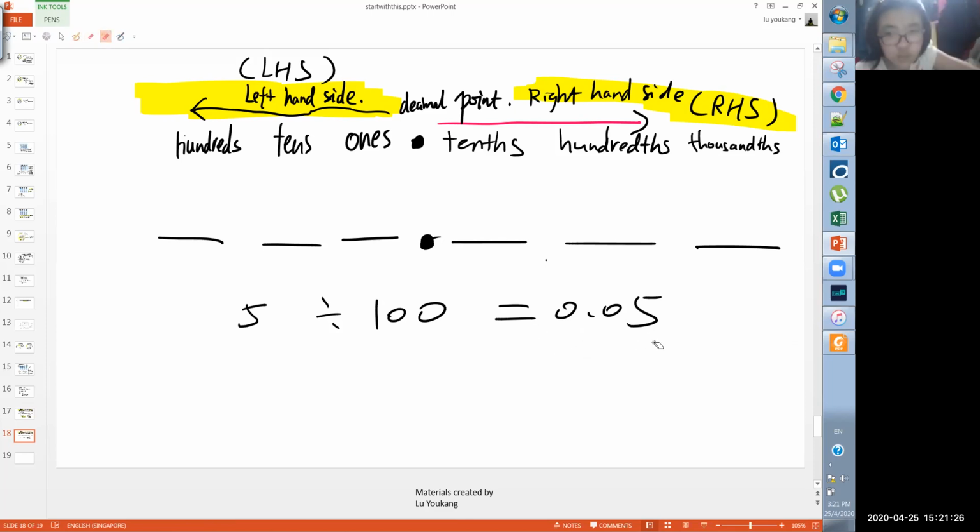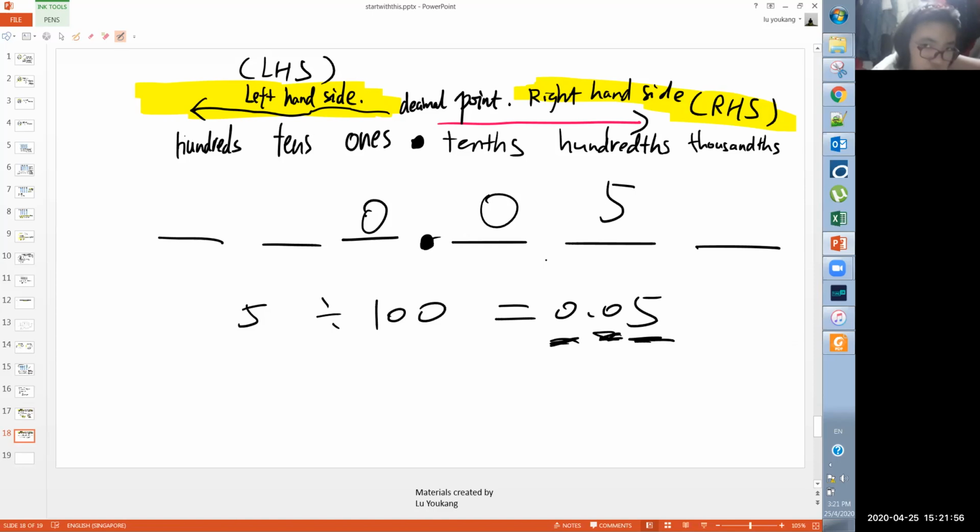Help me out. Where do you place your 5? Hundreds. Then where do you place this first 0? Tens. Where do you place this 0? Ones. Very good.